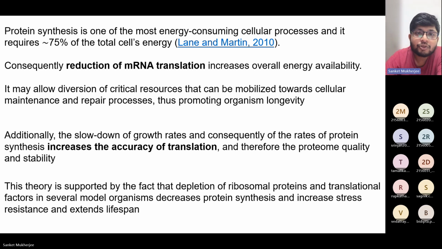So if you stop that process, you can use that energy in some other responses. So it's kind of a budget that you're trying to balance. Yes, sir. So the energy is limited. So they use that energy in other kind of situations, in stress response specifically. So yes, if you give any kind of stress to the cell, the protein synthesis is the one which gets affected.